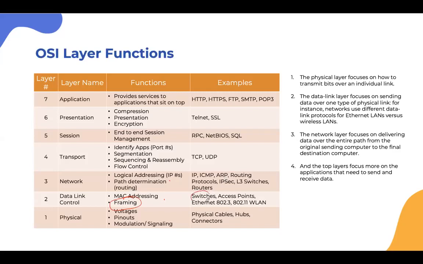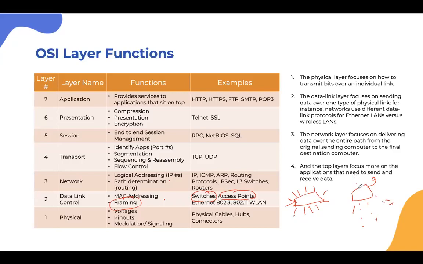Examples of devices which work on layer 2 of the OSI would be normal switches, LAN switches, also called Ethernet switches, and access points. Access points are very similar to switches. If a switch allows multiple PCs to connect to it using Ethernet cables, that becomes a LAN switch or an Ethernet switch. Whereas an access point is similar to a wireless router. It allows a lot of people to connect to it, just like a switch.